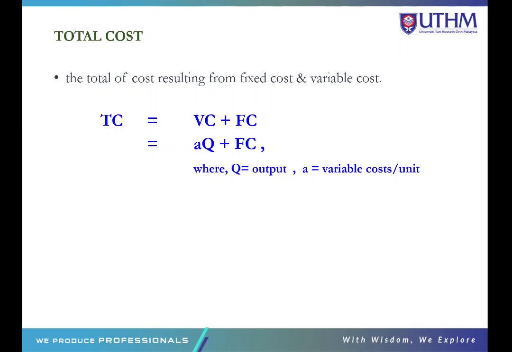So when we talk about linear equations, you can illustrate this equation in a graph. We have two axes, x and y, as usual. This is where you need to apply your mathematical knowledge. So we have the fixed cost here.